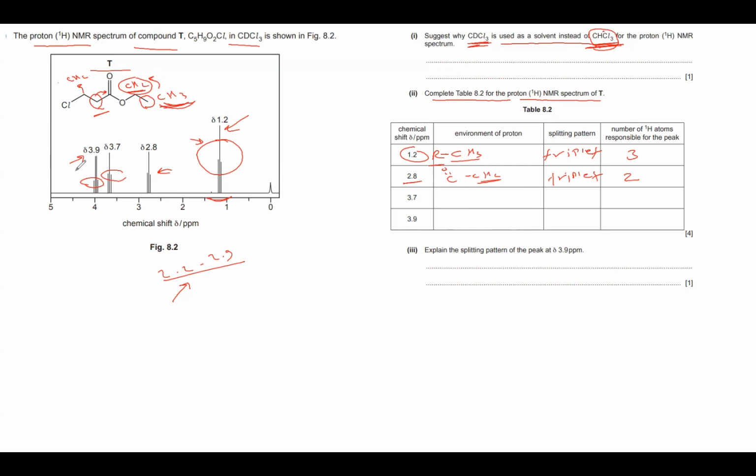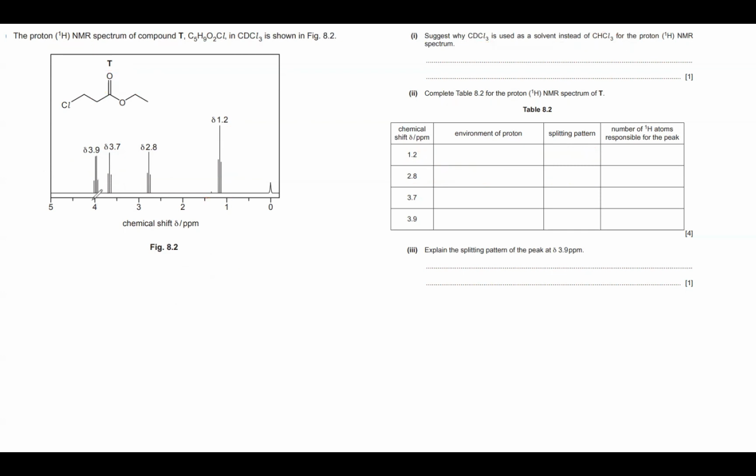As you see here, we have a quartet. You might be confused between 3.9 and 3.7, and the remaining hydrogens here and here, which one is which? We can understand this from the splitting pattern.